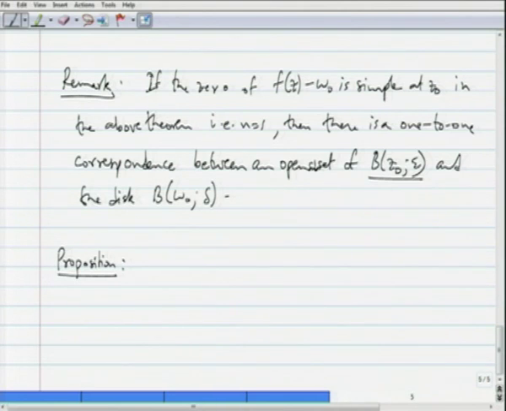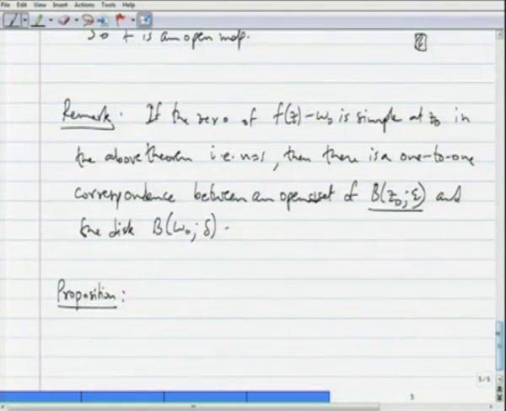So, here is a case where we are assuming n is equal to 1.